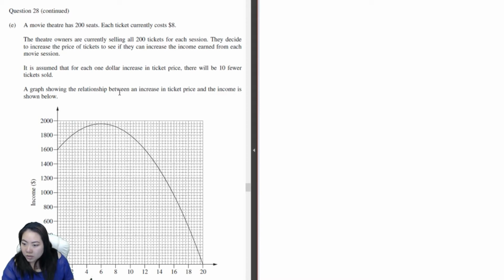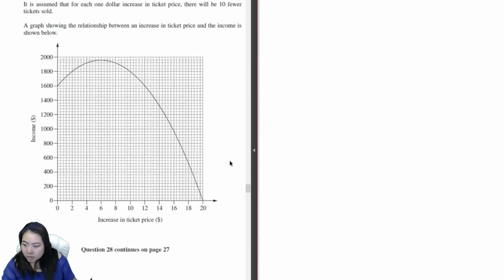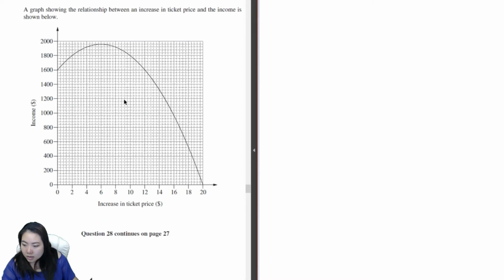A graph is showing the relationship between an increase in ticket price and the income of the tickets. What's the price currently? 8. Okay.